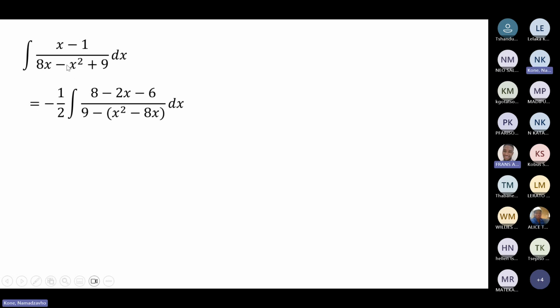Okay, cool. Thanks. So what he is saying to everybody is that if this was rewritten as minus x squared plus 8x plus 9, then the derivative of that will be minus 2x plus 8. Yes. Exactly. And therefore we would have minus 2x plus 8, which is just this one when you write it the other way around.